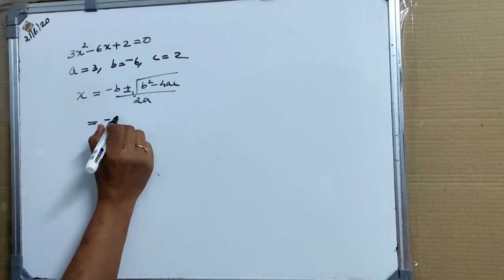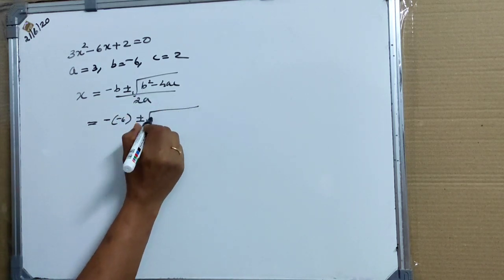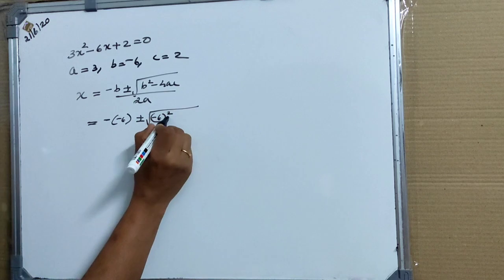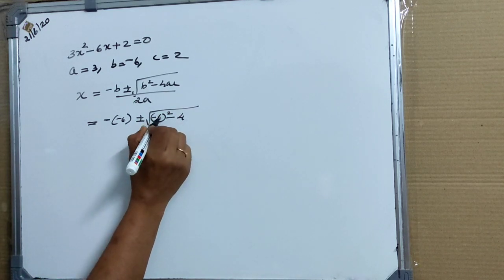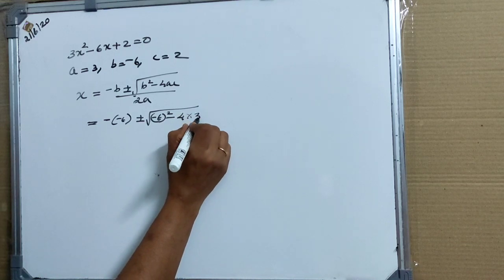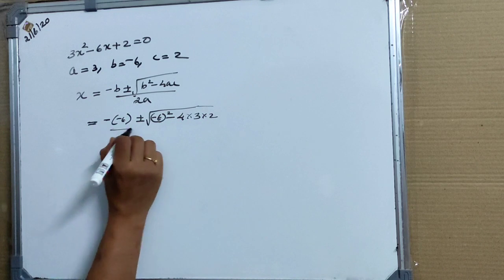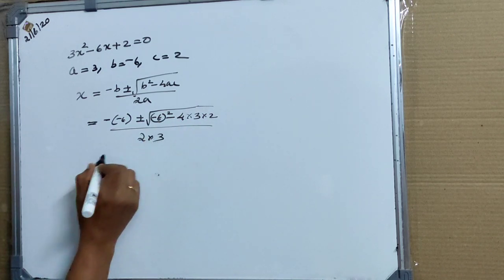Minus b means it is minus of minus 6, plus or minus root of b square, that is minus 6 square, minus 4 into a, which is 3, into c, which is 2, by 2 into 3.